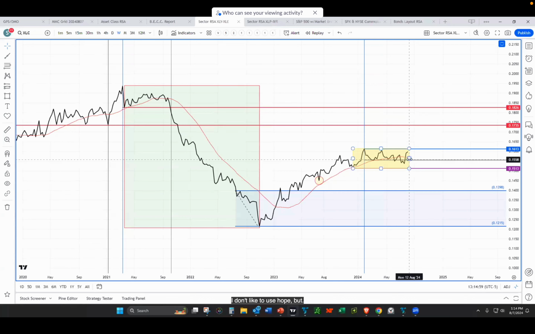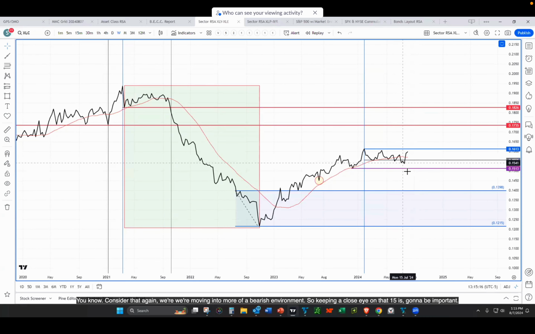I don't like to use hope, but here's the other part. If we know that consumer discretionary and technology are weak, then if we started to see weakness here, you're going to have to consider that, again, we're moving into more of a bearish environment. So keeping a close eye on that 1513 is going to be important.